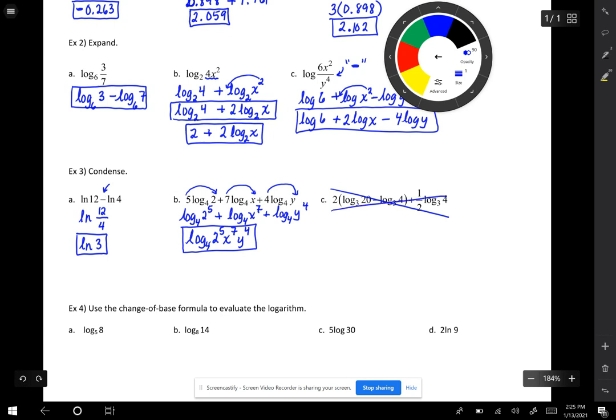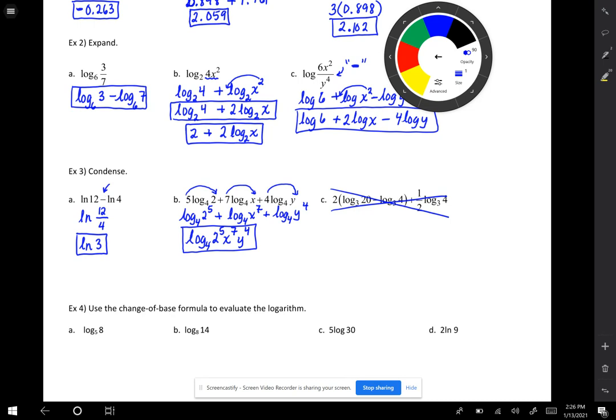Let's do the change of base formula to evaluate the logarithm. This is my favorite thing in the world. That goes to the last property, change of base. Remember, you can use your phone calculator to do a common log with base 10, but you can't with any of these. So in order to get this to work, this is all you do.